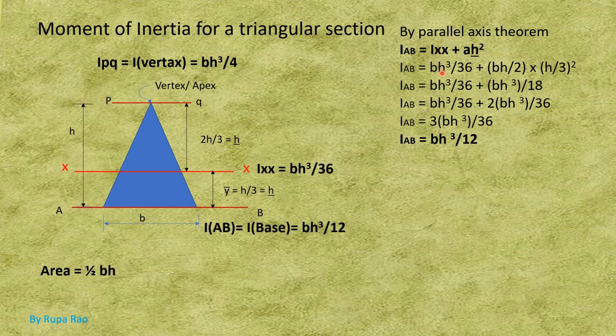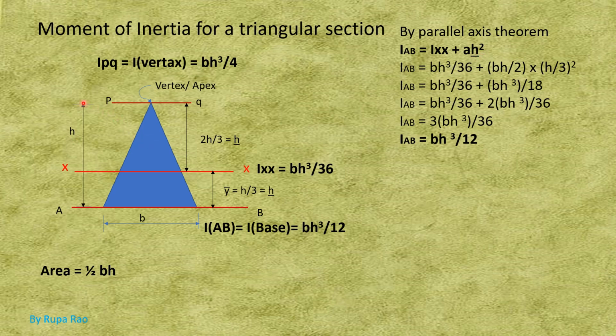So I substitute this value: bh cube by 36 plus the area of the triangle, which is half base into height, so bh divided by 2, into h square. This h underlined is the distance between the axis AB and XX. This is not this h. That is why I have underlined this.